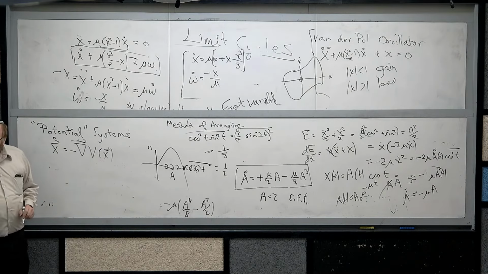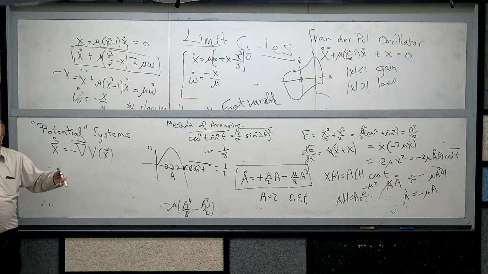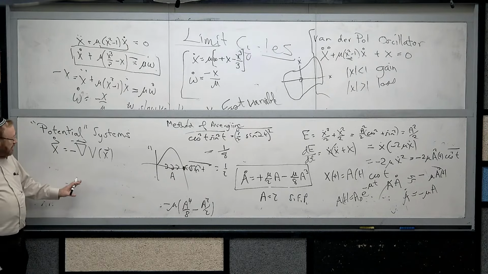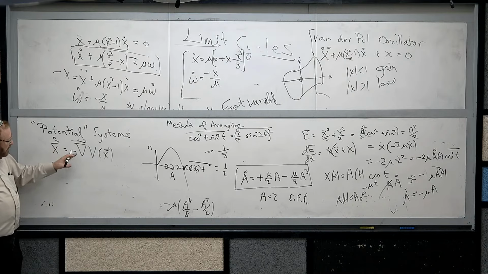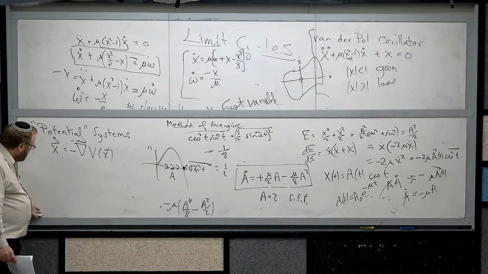Which is the over-damped case of a real potential. If you had a real physical system in the over-damped limit, this is what you get, because we dropped the m x double dot term. And then what do we know?